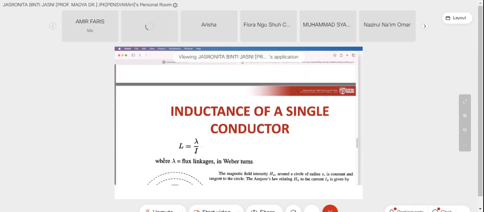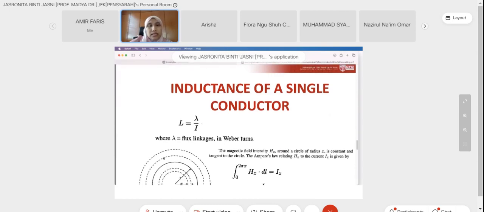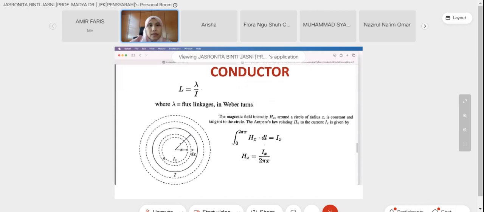That one is the conductor resistance, and then this is the inductance of a single conductor. L refers to the inductor. This is the flux linkage, and then this is the current. You have seen this equation, right?